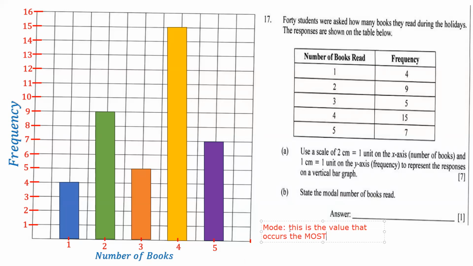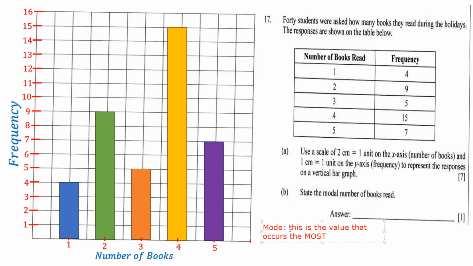Okay. So based on this, Paul, where's Paul? What is the definition of mode, Paul? This is the value that occurs the most. Very good.